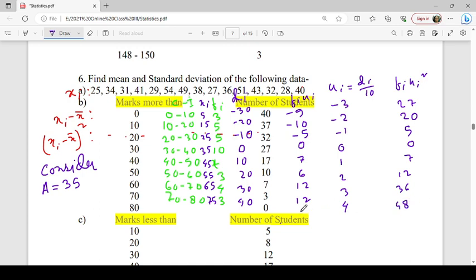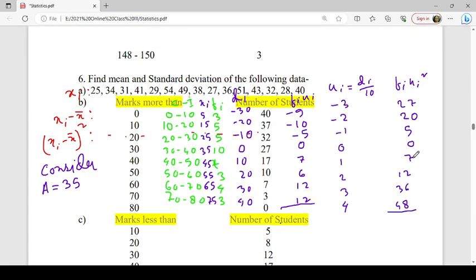So we need now summation fi ui and summation fi ui square. So this sum is 16 plus 7, 23, 28, 35. So unit place is 5, then 3 comes out. 7 plus 4 is 11, 11 plus 4 is 15.